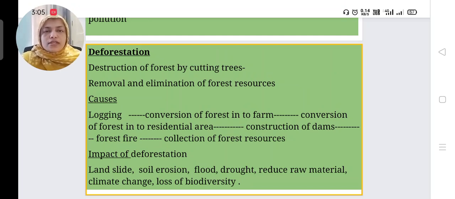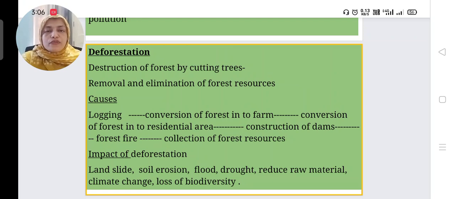Then reasons for deforestation, or causes for deforestation. Causes means reasons. Logging we have already discussed. Then conversion of forest into farm area, transferring forest place into farm area. Then conversion of forest into residential area.